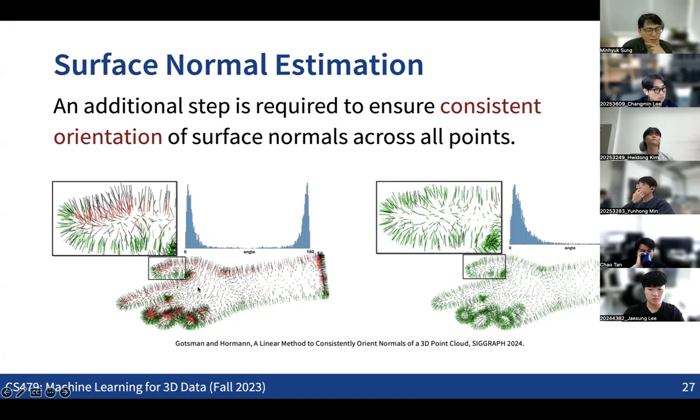So there can be cases where the normal is flipped for some of the points, which means we need to further optimize the sign or flipping of the normal direction to have a consistent orientation across all the points. So we need this additional optimization step to make the orientation of the surface normals consistent across all the points.